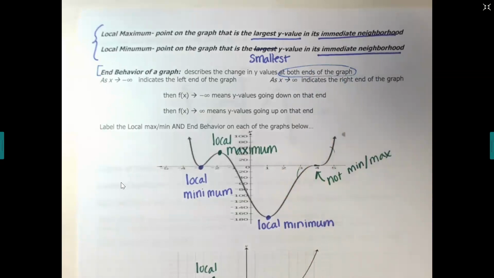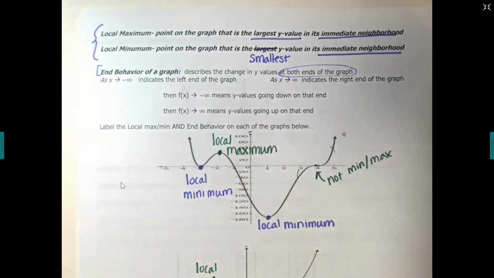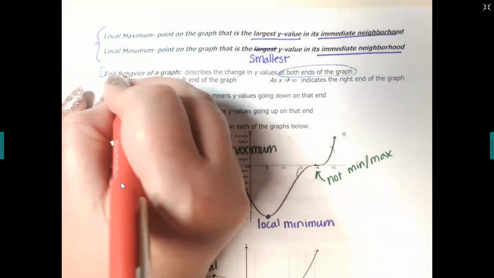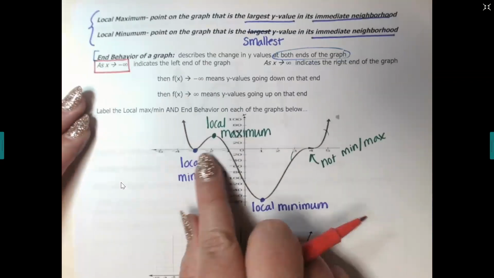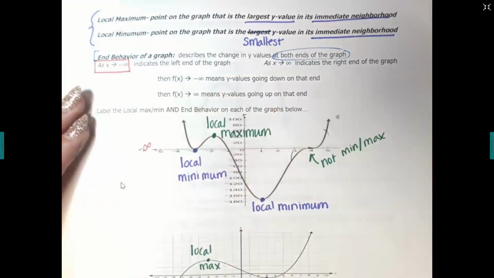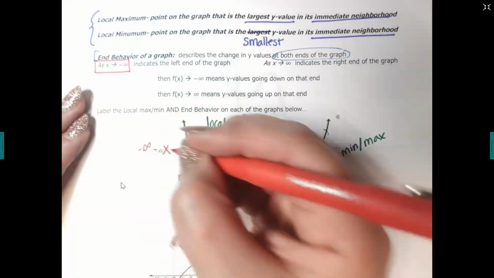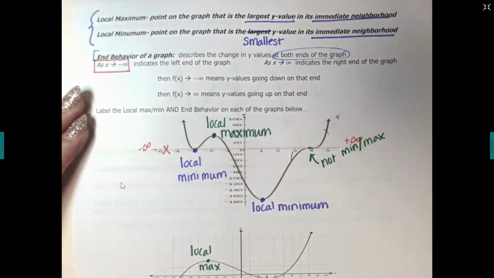Now, you'll notice that every graph has 2 ends. You have a left end and you have a right end. So if you are talking about the left end of the graph, you are going to describe that by saying x is approaching negative infinity. If this is the x-axis here, then negative infinity would be on this side, and positive infinity would be on this side.